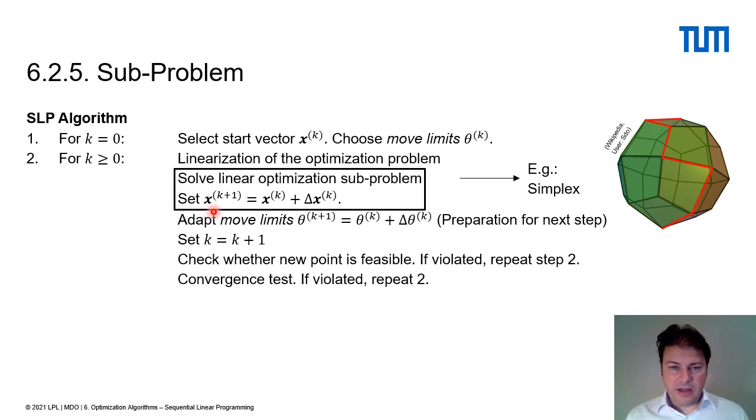And now you can solve a linear optimization subproblem, compute the solution, and then adapt move limits for the next step, because you want to make them smaller and smaller once you go on with your iteration.